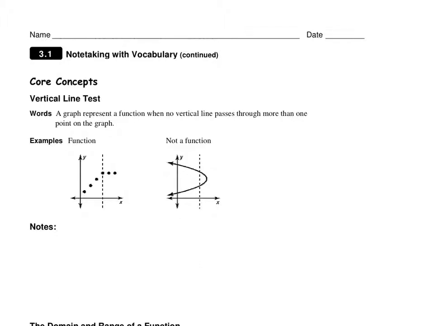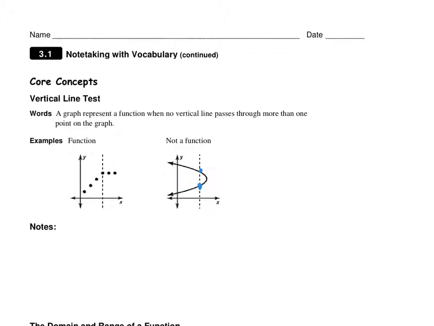Okay? So every x value can only go to one y value. Here, this is a problem because this x value goes through 2 y values. So there's one there and there's one there. Okay? So every x here does not just have one y value. Some have more than one.